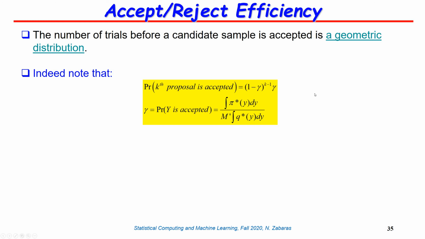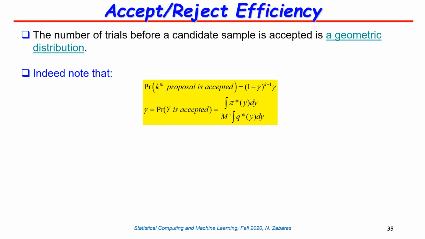And then at the kth sample, you accept. So the probability that the kth proposal from the proposal distribution is going to be accepted follows a geometric distribution, and it is (1 minus gamma) to the power k minus 1 times gamma.